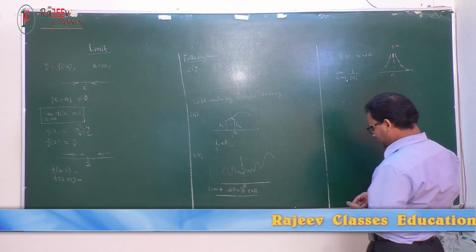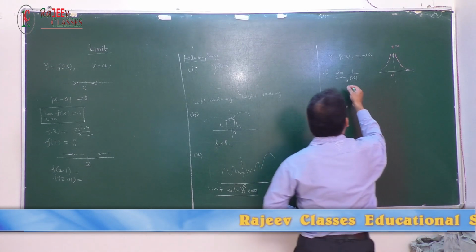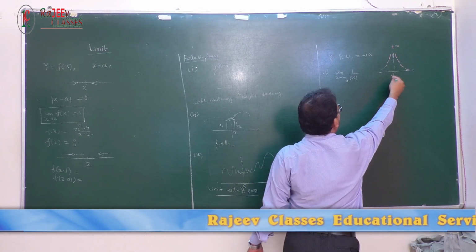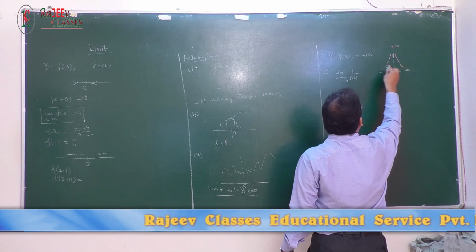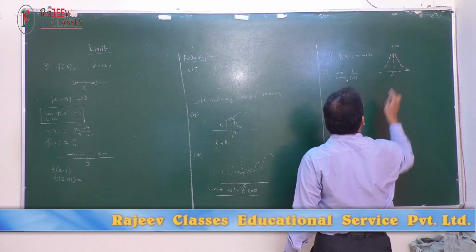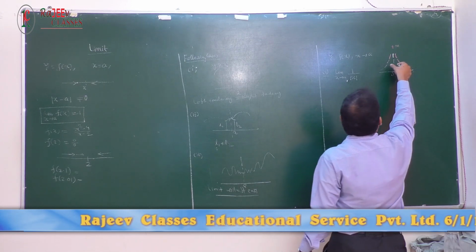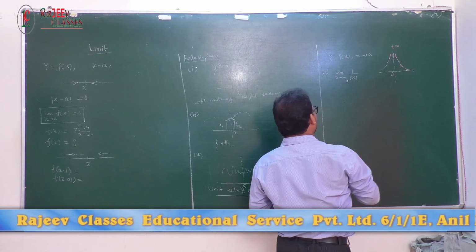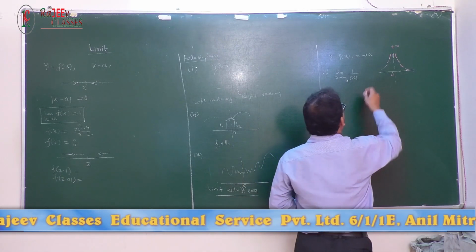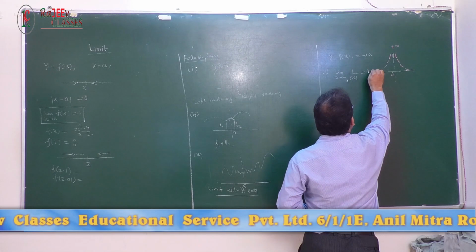From both sides, when the value of x is just greater than a, that means when we come from the right hand side, and when we come from the left hand side, when the value of x is just less than a, in both situations the function approaches plus infinity, and we say that the limit of the function exists and is equal to plus infinity.